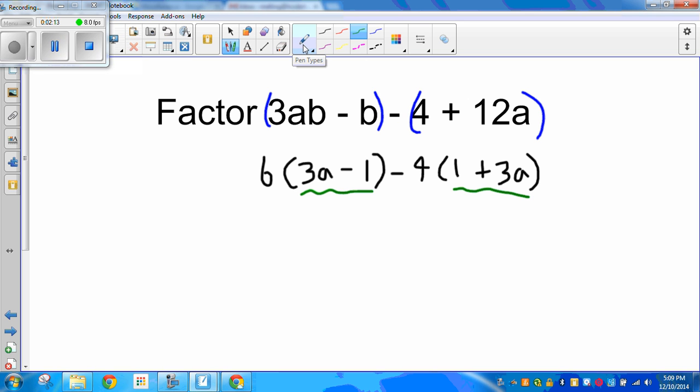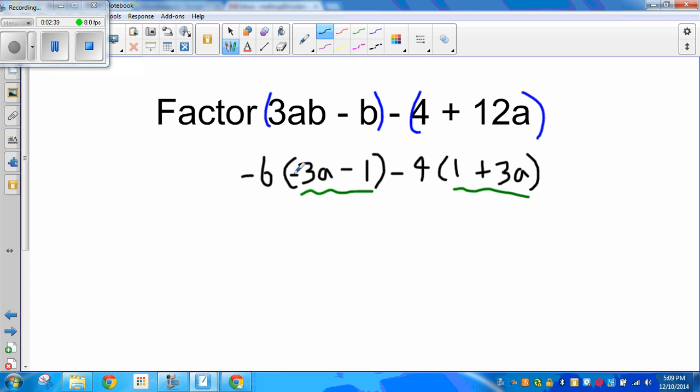And this is a problem that I think has given some of you fits. Really, we're just going to do some good old algebra, some manipulation. I'm going to change the sign. I'm going to cheat. I'm going to change this to a negative b. Now, when I multiply this back out, I better get 3ab. Right now I would get negative 3ab if I multiplied it back out, and that doesn't work, but I can counteract that simply by putting a negative sign here.